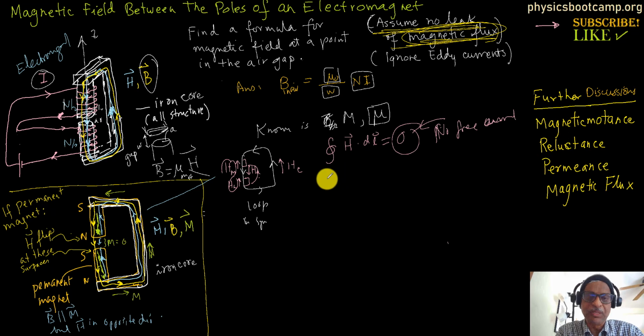Okay, so if I go in the direction H_C, I get H_C L_C, and over here I get minus H_M.